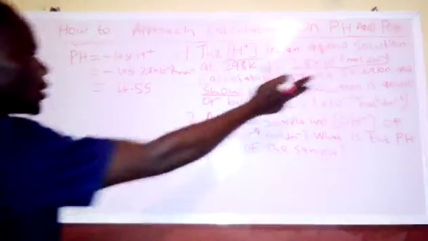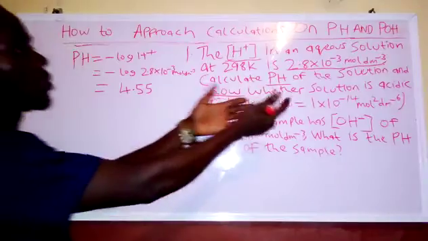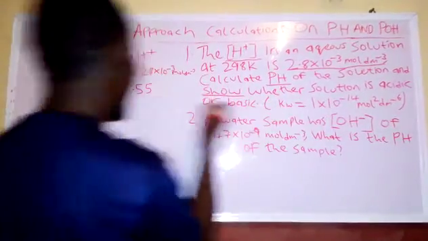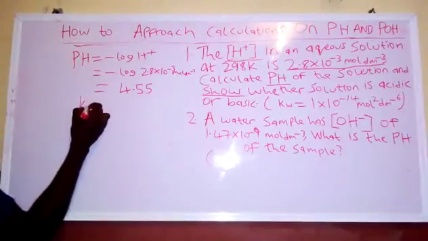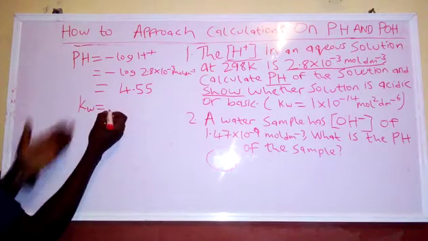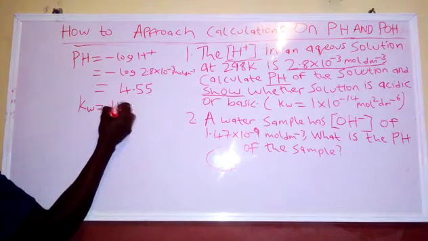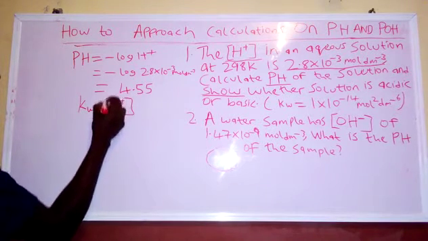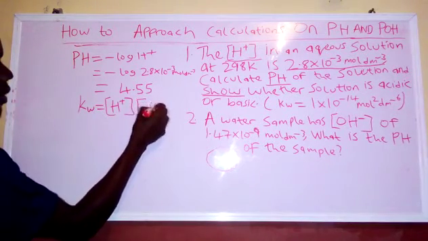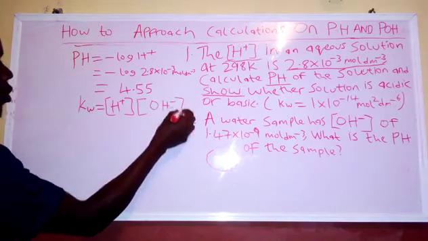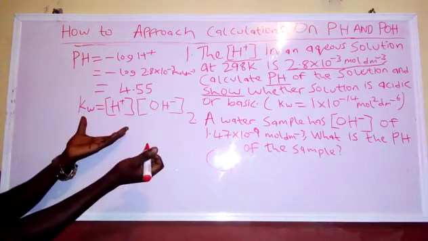So now let's go. To do that, you can easily use the ionic equilibrium of water. Don't forget I gave you a formula. The ionic product of water is the hydrogen ion concentration multiplied by the hydroxyl ion concentration. This is the relationship we use.